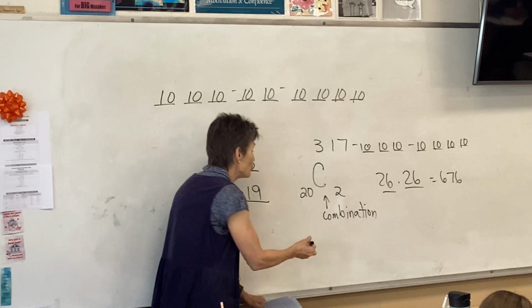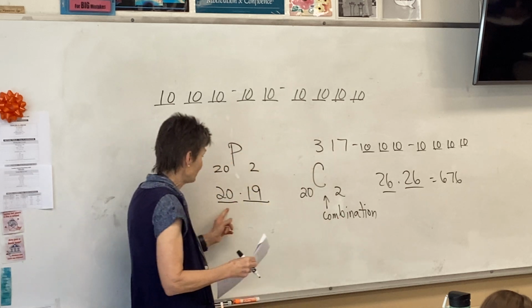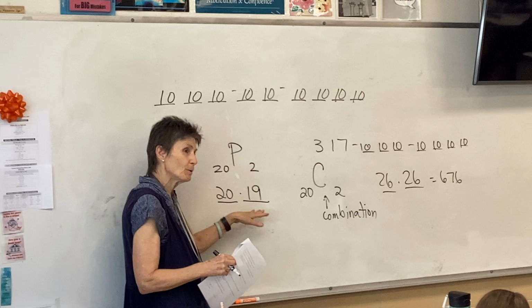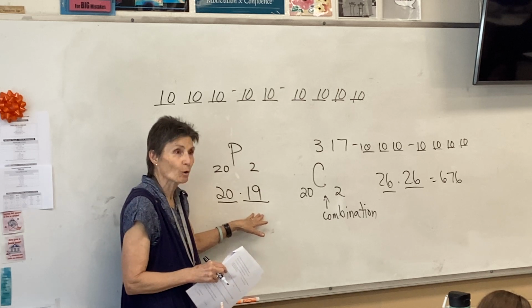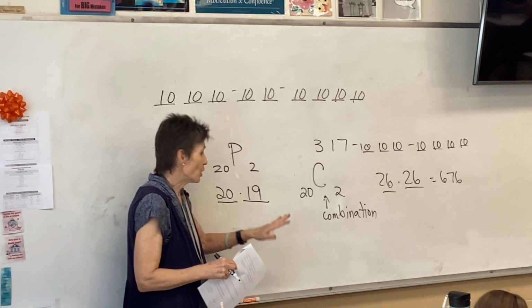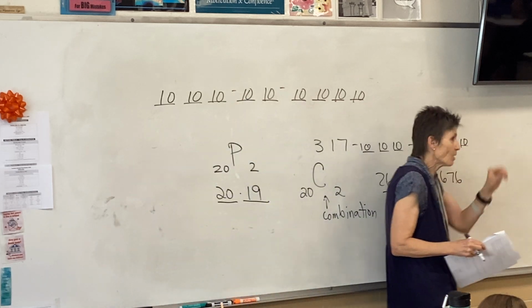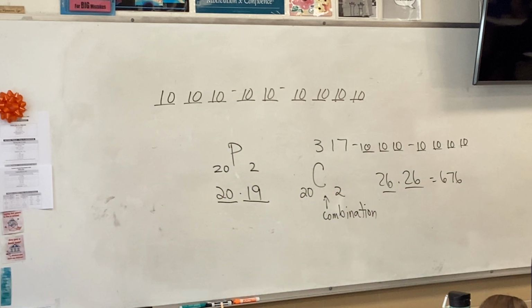So, you cannot draw blanks for this problem, because as soon as you put down a blank, you have order. No blanks. If you're picking two people for the same job, it's 20C2.